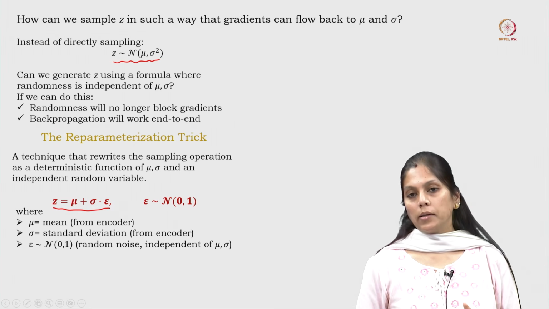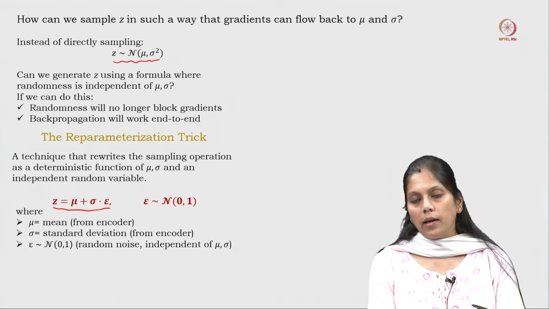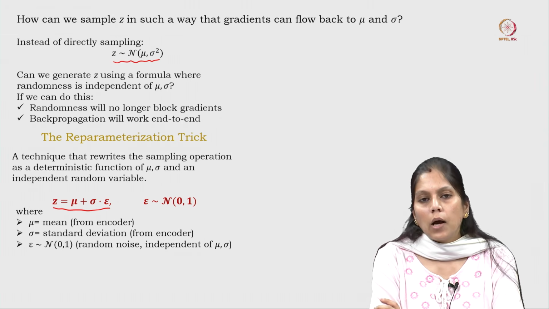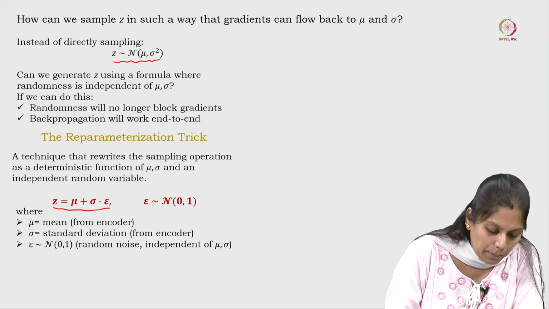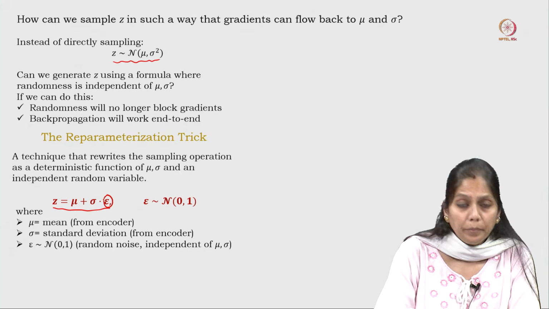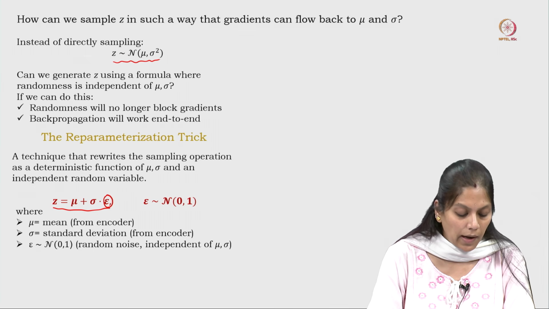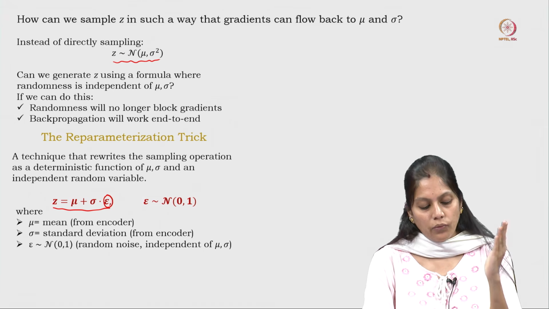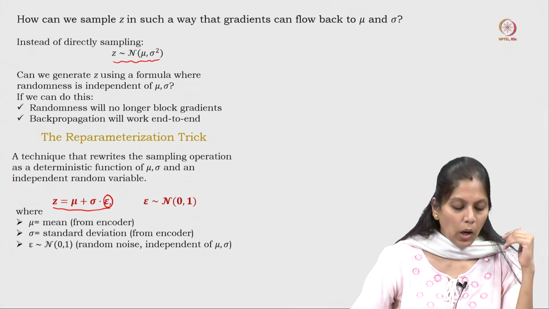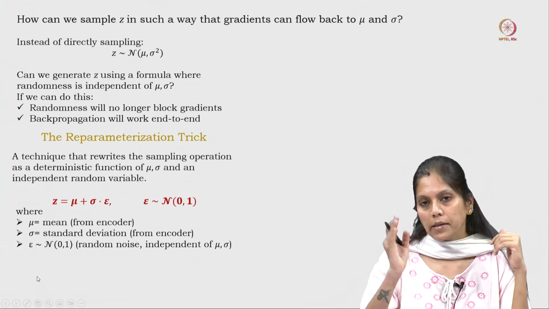Now you can ask the question, what exactly have we achieved by writing this? Where exactly is the randomness? The randomness is this term. Now the randomness has become independent of the parameters, and with this the gradients can flow back.